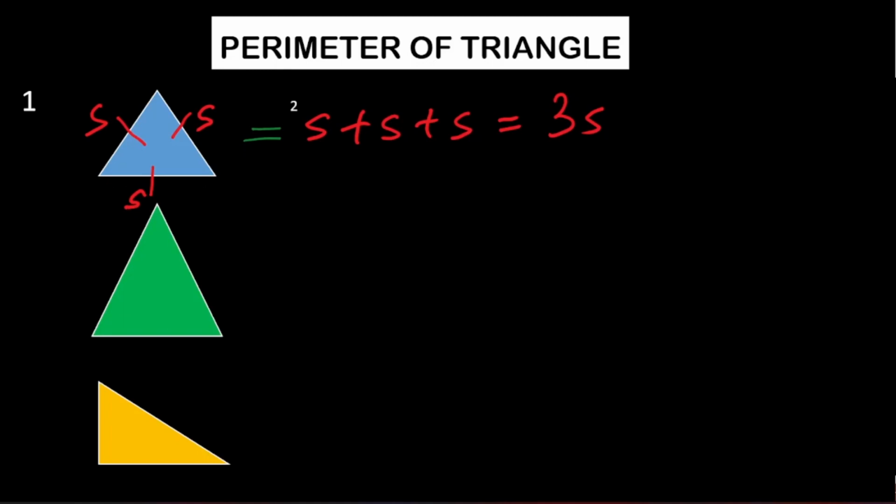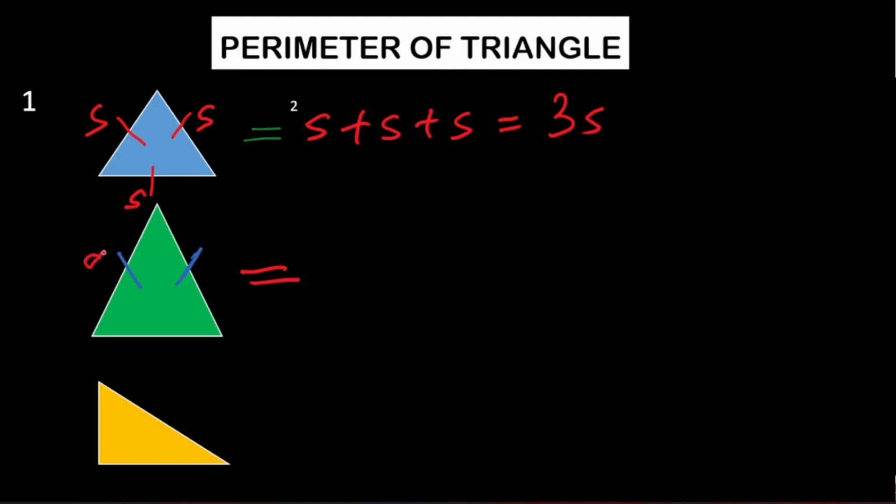Then the other one, the second part, which is an isosceles triangle. So this side equals this side.